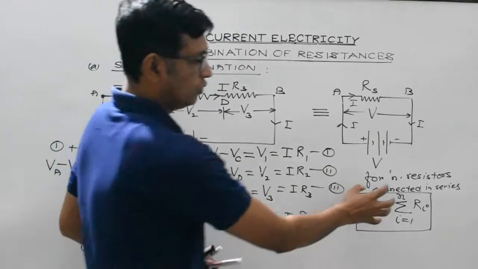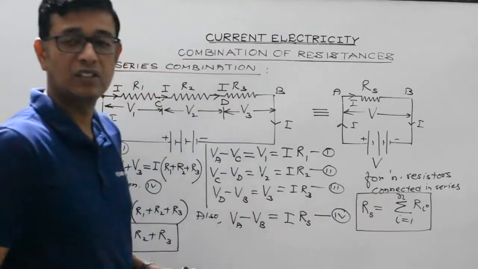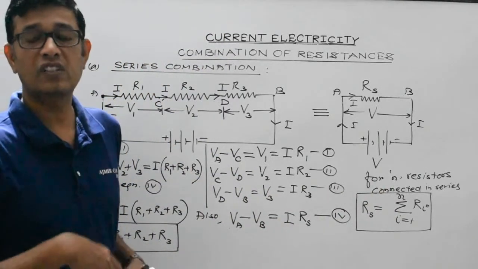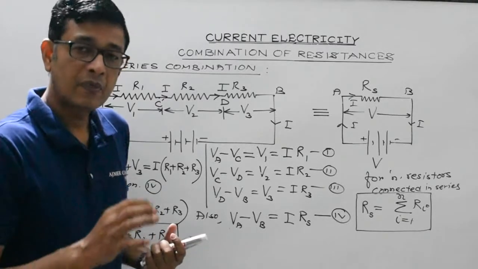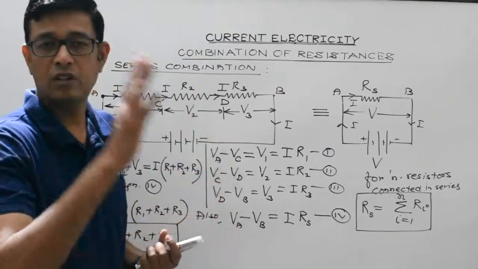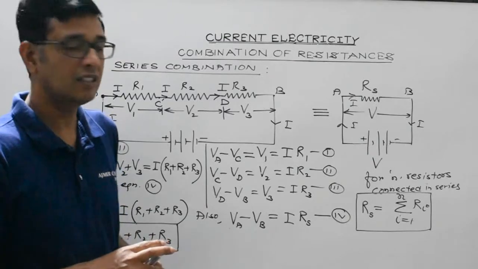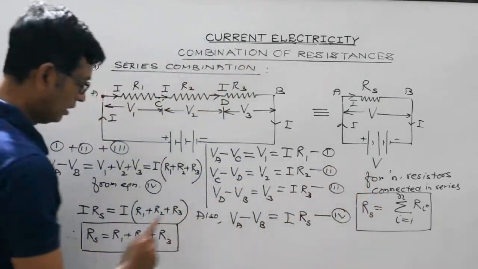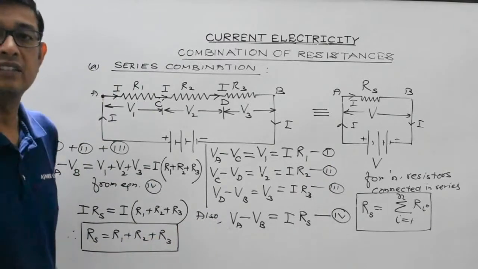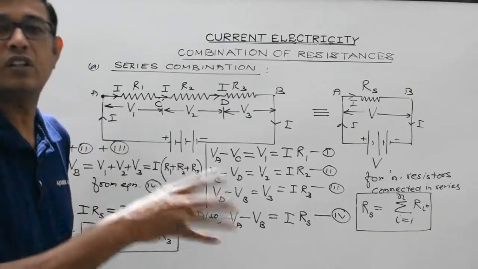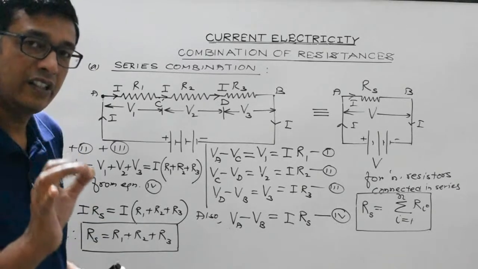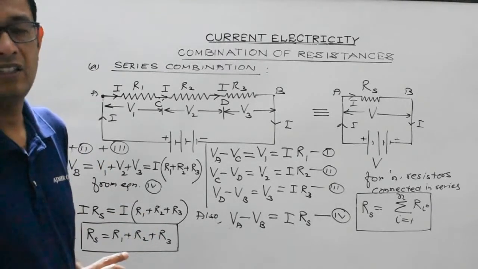As I have told you, this mathematical result is known as the law of series combination of resistances, which states that when 2 or more resistors are connected in series, then the equivalent resistance is numerically equal to the sum of the resistances of the individual resistors. So this is known as the law of series combination of resistances.